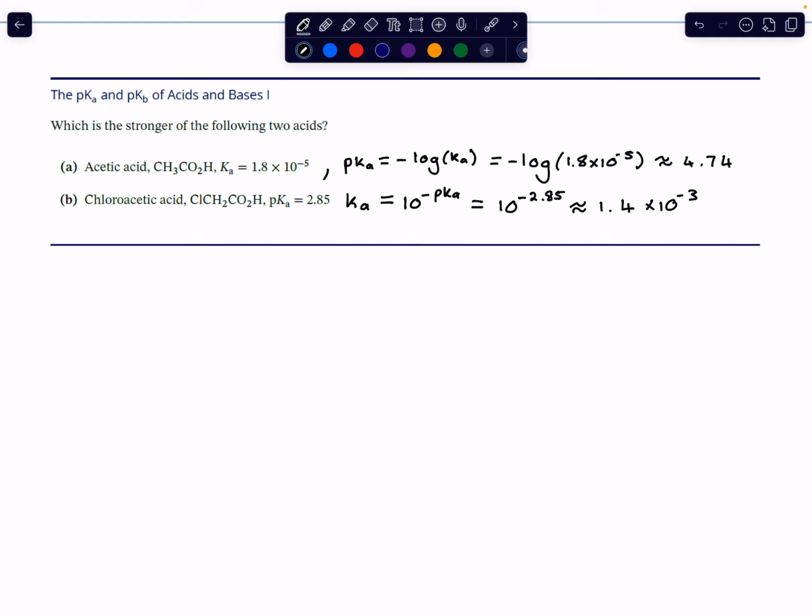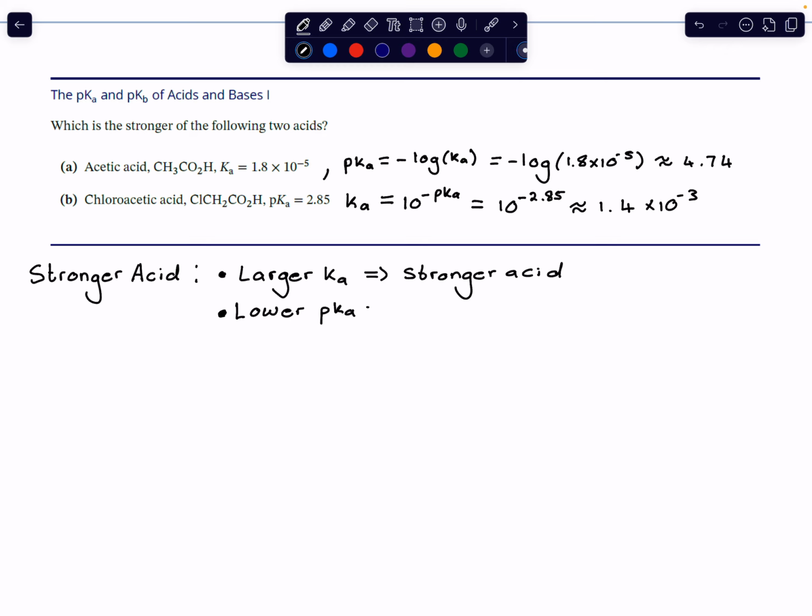And then the question is, what is the stronger acid? Let's remind ourselves: a larger Ka implies a stronger acid, and hence a lower pKa implies a stronger acid.